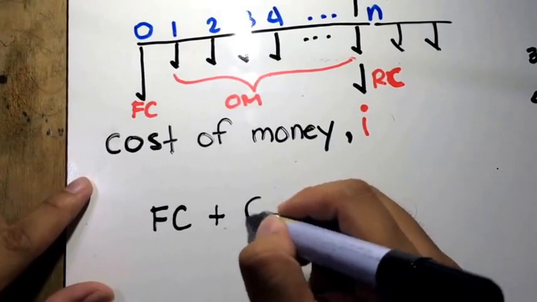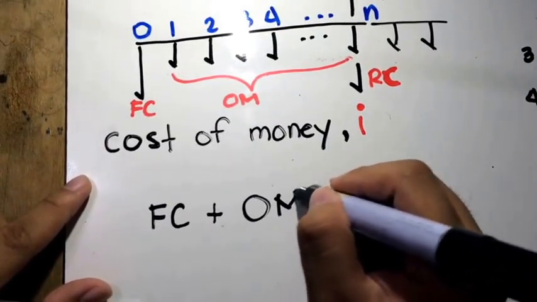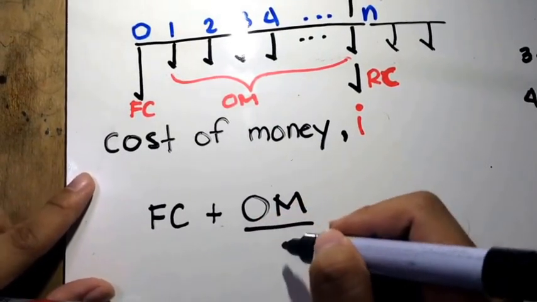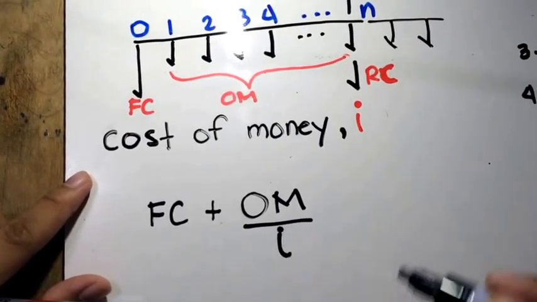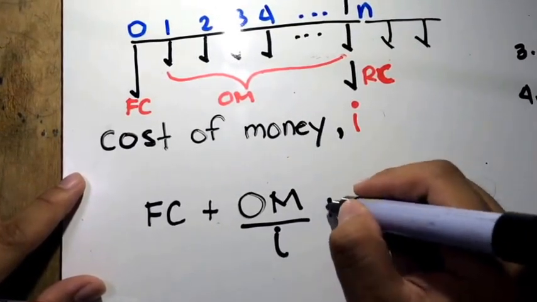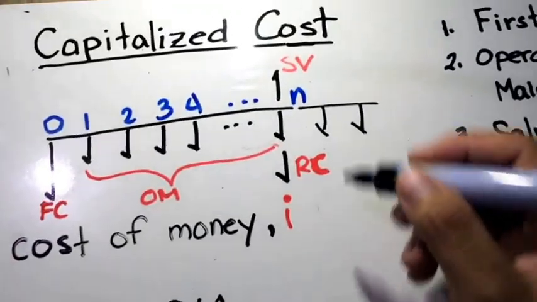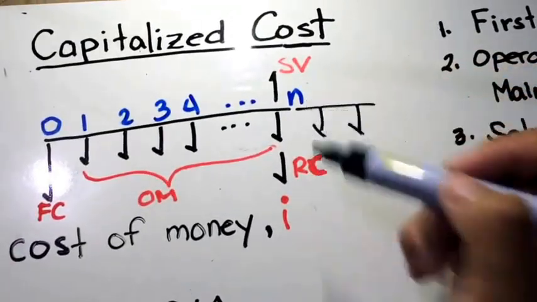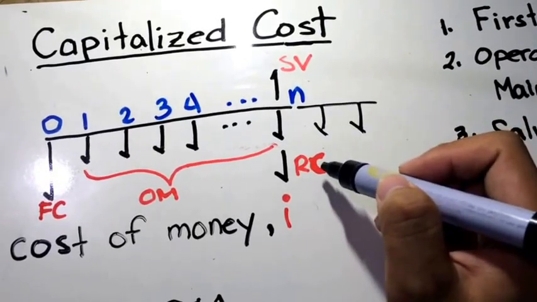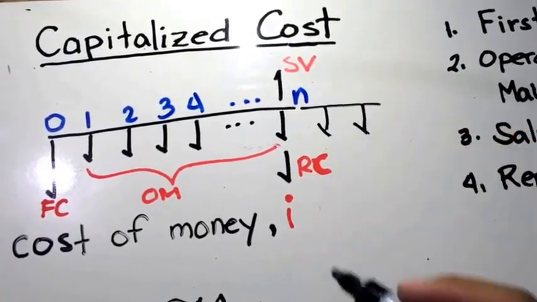So the present worth of a perpetuity is the annual cost over the interest rate, the cost of money, plus, now, during the end of the lifespan of the item, we have here our salvage value and replacement cost.